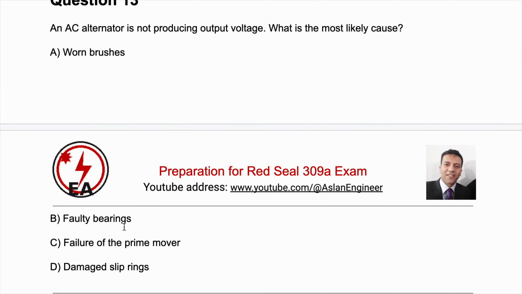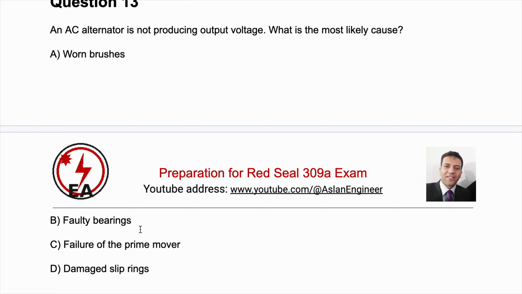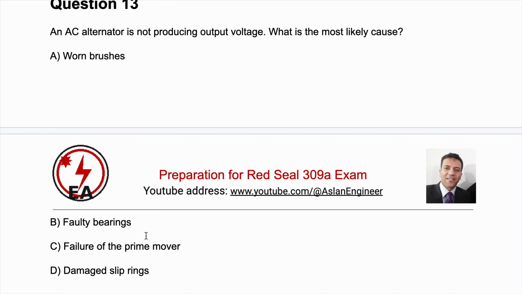You as an electrician know that for maintenance, you need to start from the most probable cause of failure, or the easiest part, or the low cost repair.